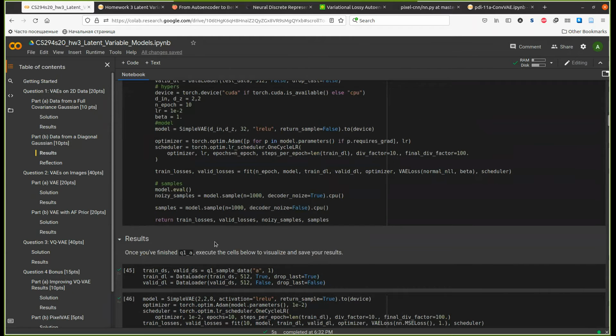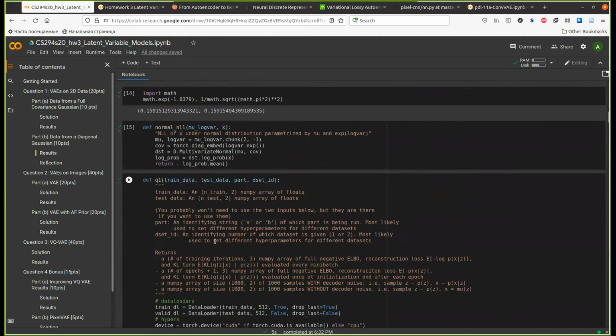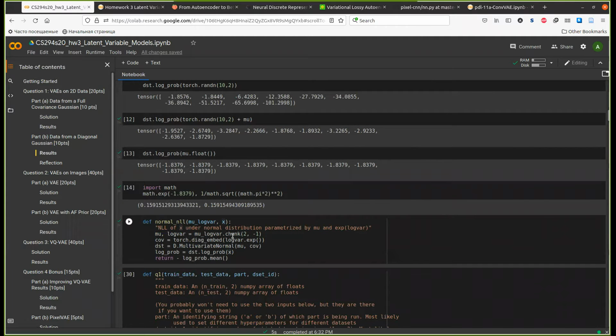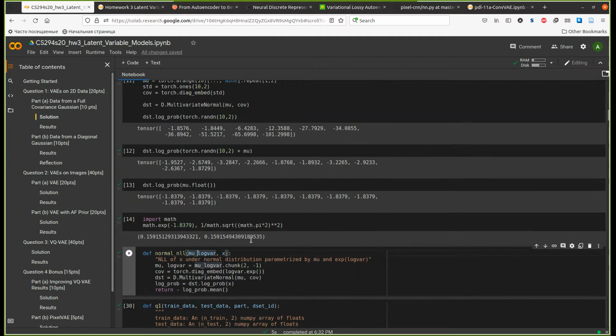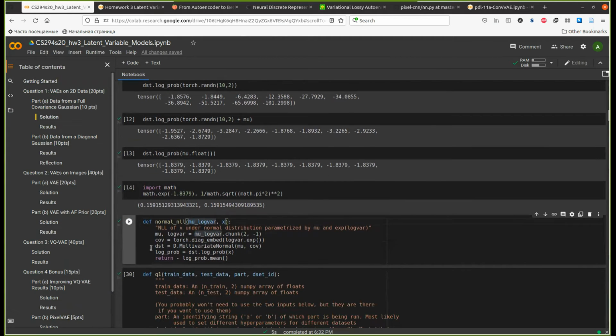Our loss here is just the likelihood of the data under the normal distribution parameterized with this mu and variance, right? So basically, with our loss function, we are not trying to match the data points exactly, right? We just evaluate how likely this data point is given this distribution.